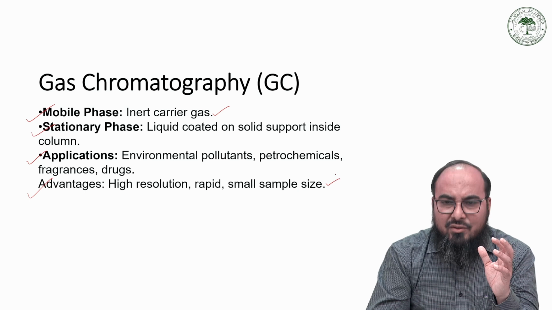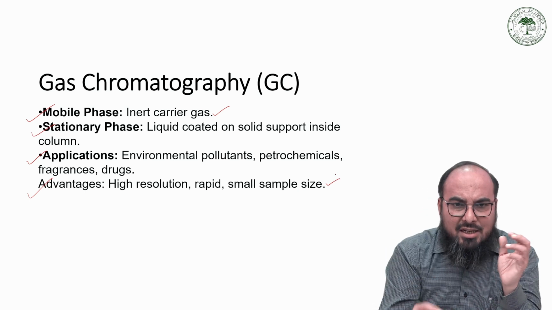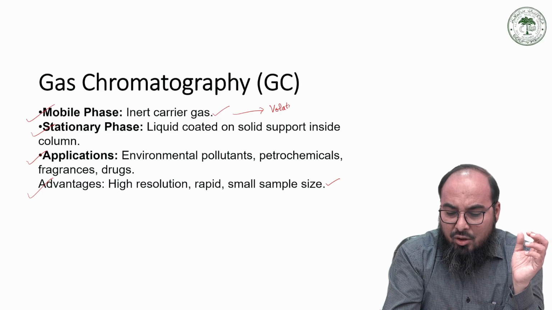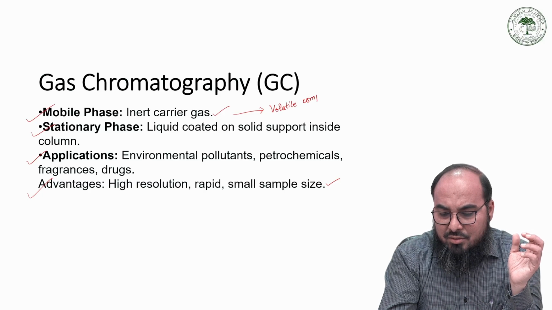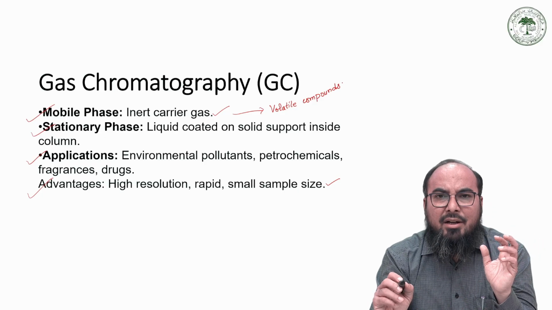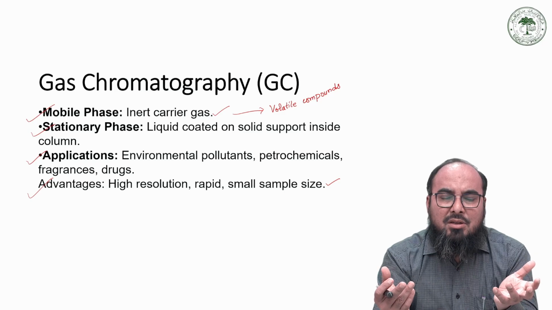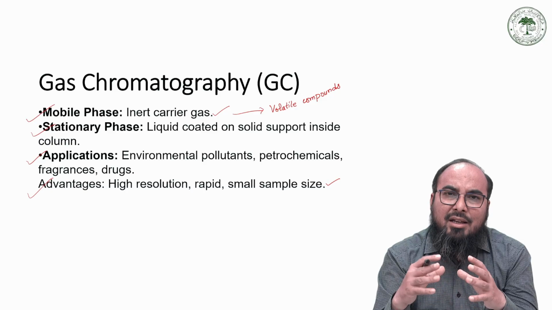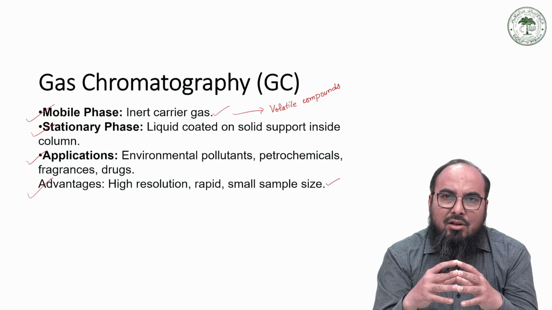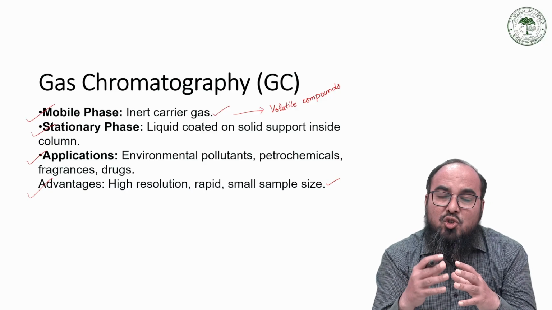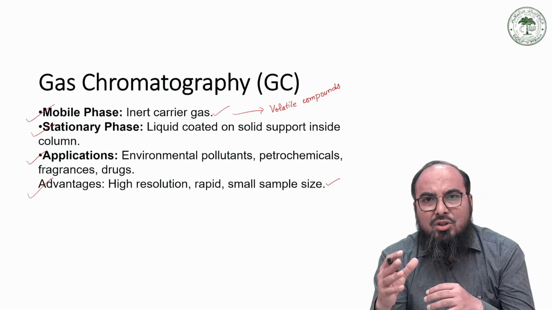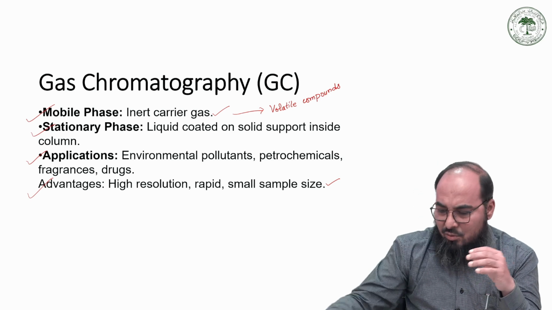This is one of the drawbacks, and this technique is only good for volatile compounds. You cannot separate non-volatile compounds by using GC, because your sample has to be in the volatile state so that it can mix with the carrier gas. So if your sample is a liquid, it has to be volatilized first before passing it to the main column where separation occurs in the gas chromatograph.